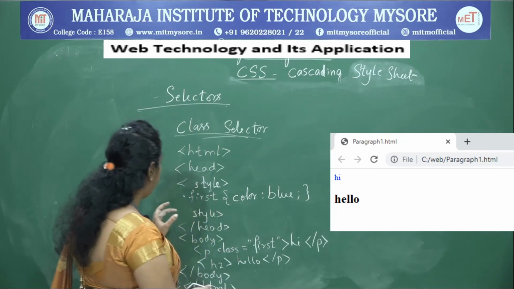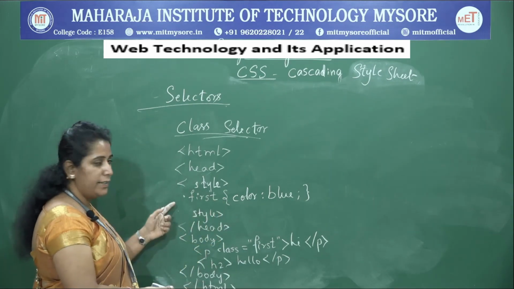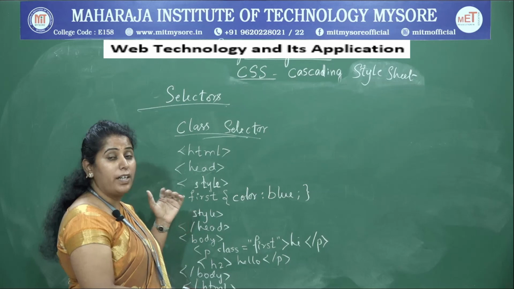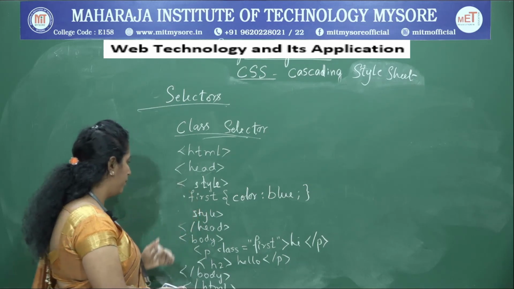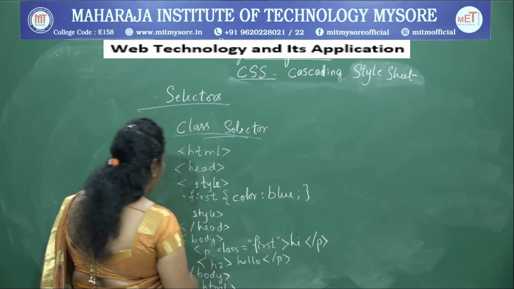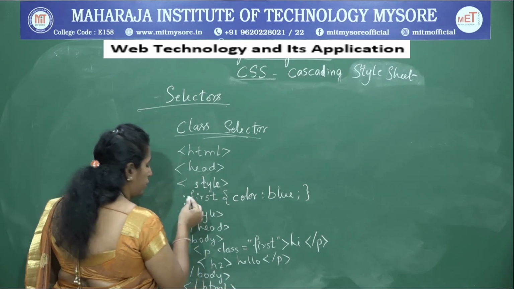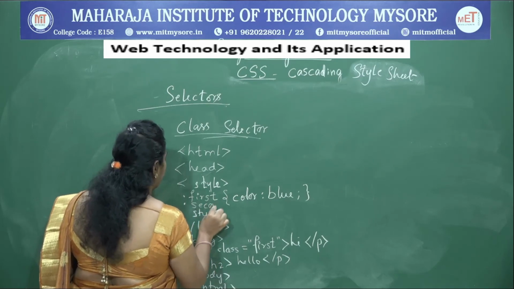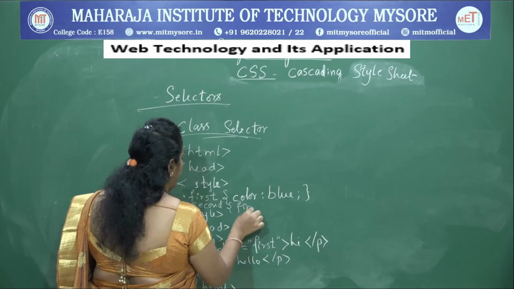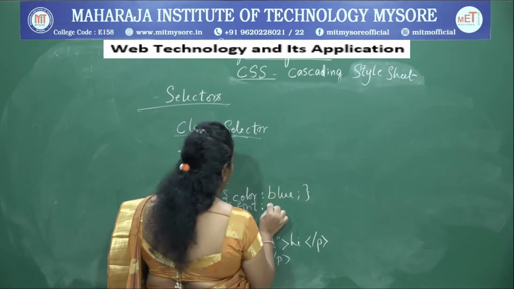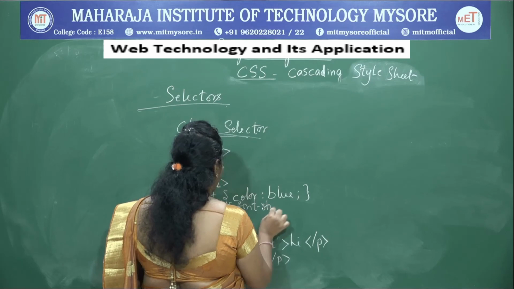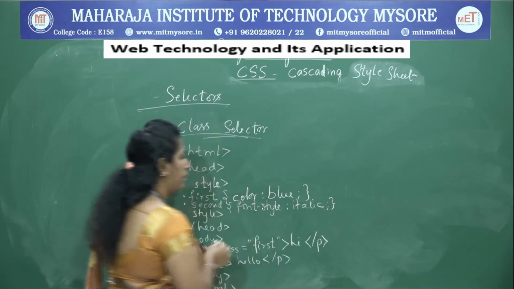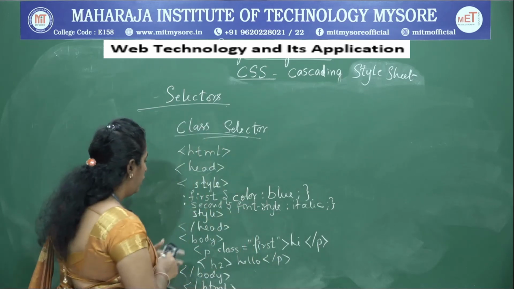Getting everyone? This is about the class attribute. It means it selects the HTML element for the respective class attribute. Okay. And you can take not only one class, you can take another one. I am going to take another one called second, and there I am taking a style rule like font-style italic. So now what happens?